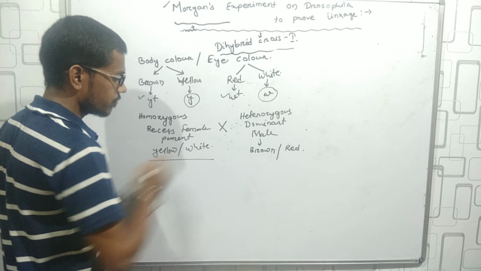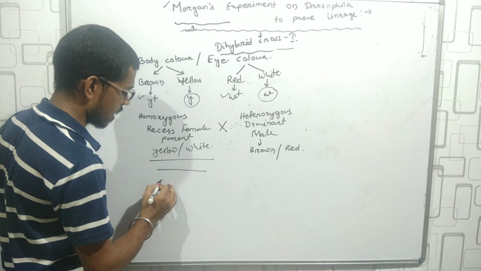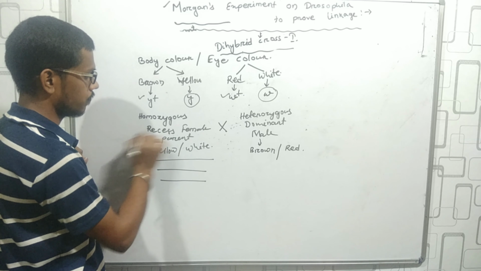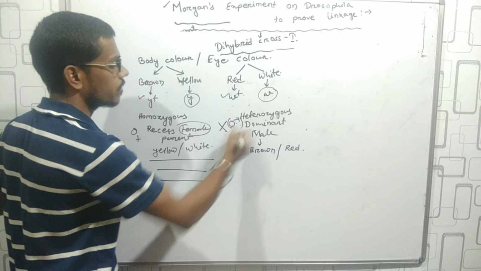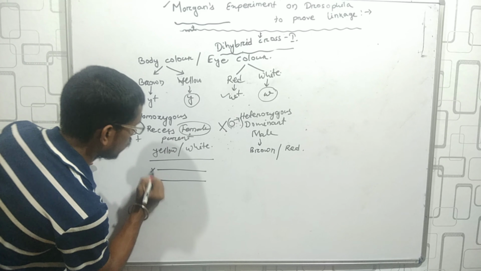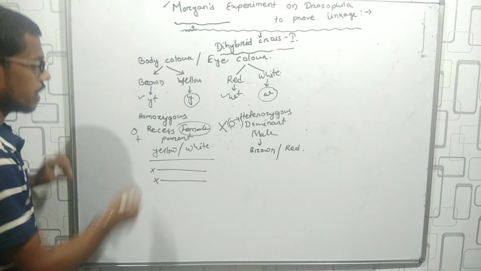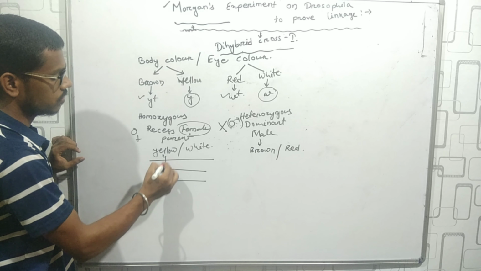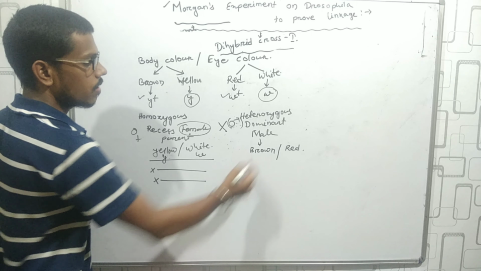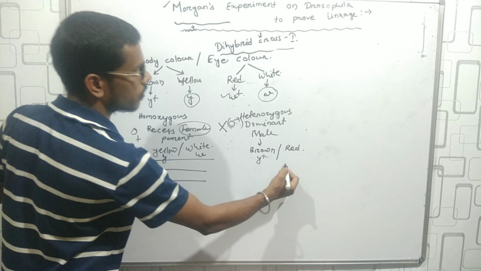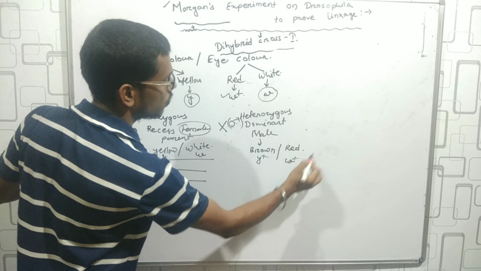Yellow white, this is the X chromosome, because this is the female parent, and this is the male parent. Thus here there will be presence of XX chromosomes, with small y for yellow and small w for white, and small y plus for brown and small w plus for red.